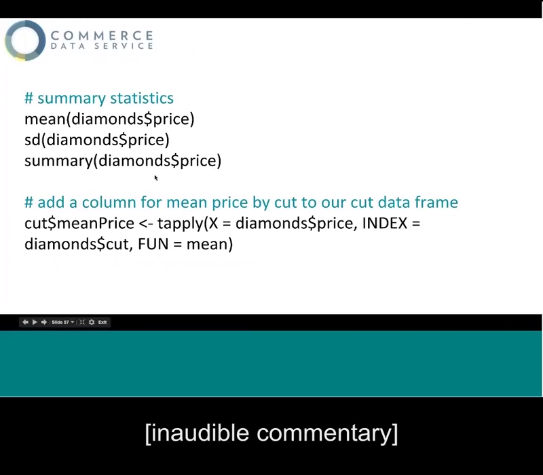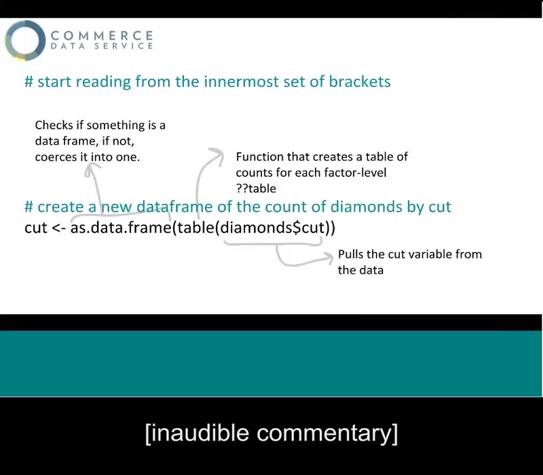But something you might want to do is, hopefully everyone created that cut data frame, which had one row for each value of cut and the count of them. If you didn't, you can just type in that command right now.